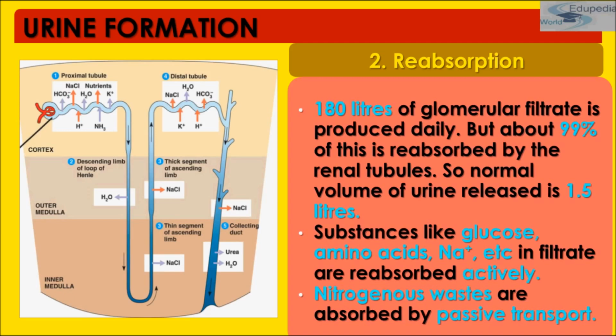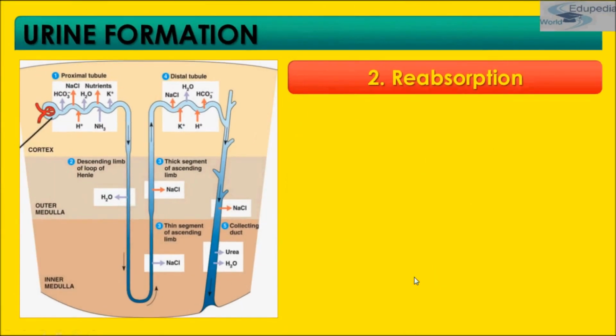This is how selective reabsorption, the second step of urine formation, takes place. And please note that substances like glucose, amino acids, and Na+ in the filtrate are reabsorbed actively, and nitrogenous waste is absorbed by passive transport.